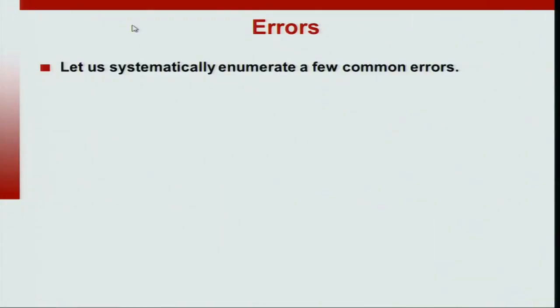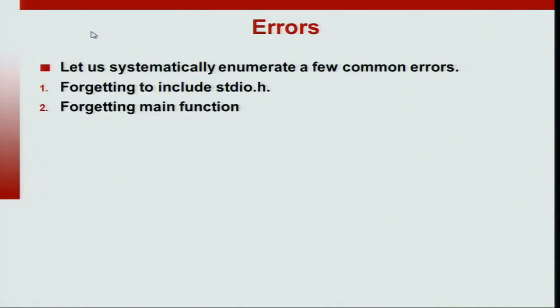What typical errors do we have when we code in C? Let us systematically enumerate a few common errors that could happen in even a simple program like what we have seen. For example, you could forget to include stdio.h. If you do not include the standard input library, then the compiler will give you an error message. You may forget to include the main function, then also you will get some error message.